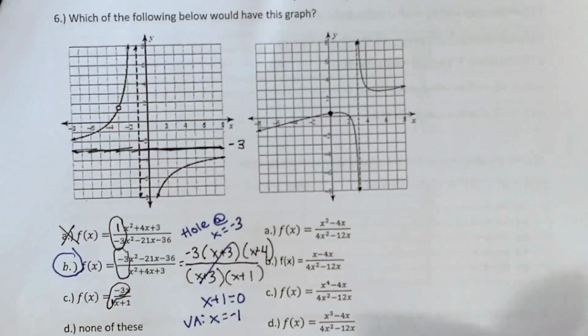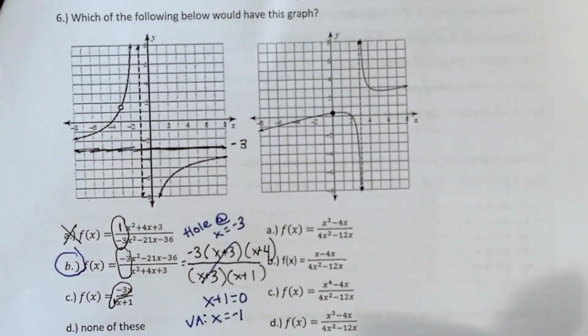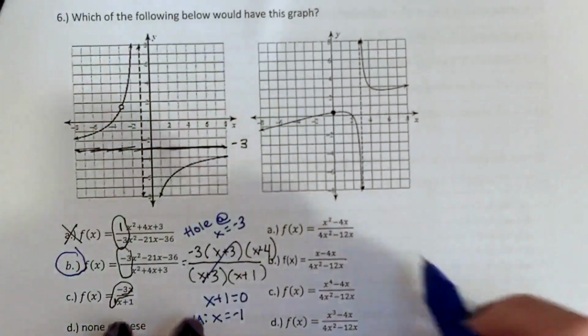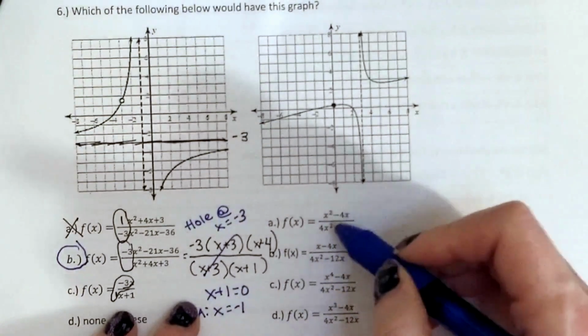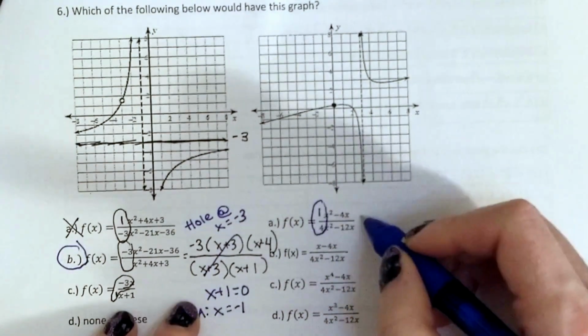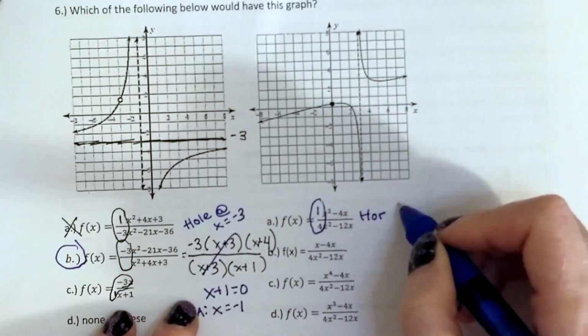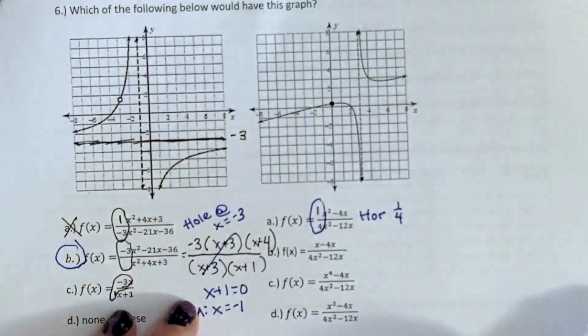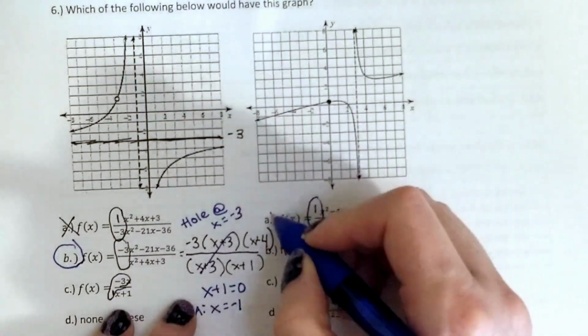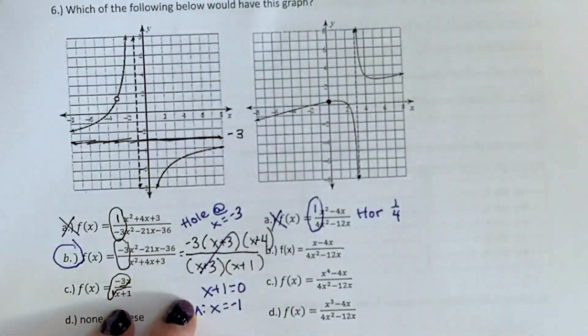Okay, let's look at question number 6. Again, I would start by looking at your horizontal or your oblique asymptotes first. So if I look here, the degrees are the same, so I'm picking off the coefficients on the front. So this would be a horizontal at 1/4. Well, there is no horizontal in this picture at all, so I know A is not an answer choice.